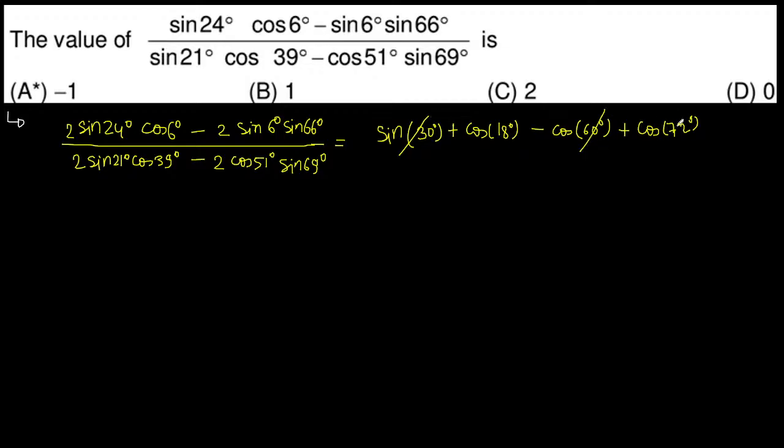It is cos 72, that means sin 18. And this is cos 18. No, it will come out to sin 18. So they are getting added, they are getting 2 times of sin 18.